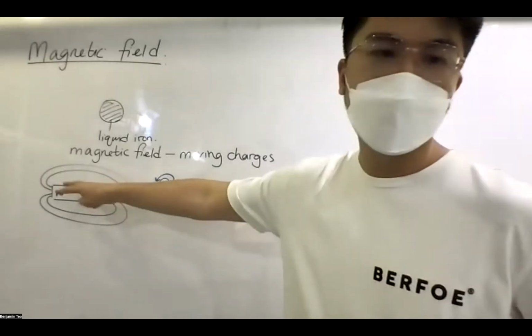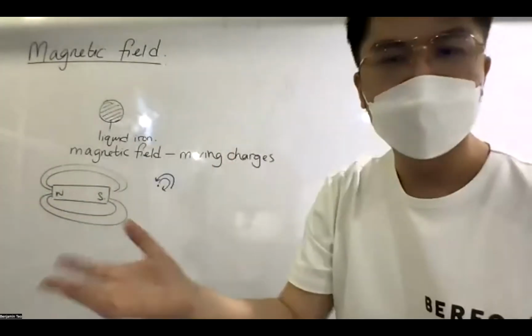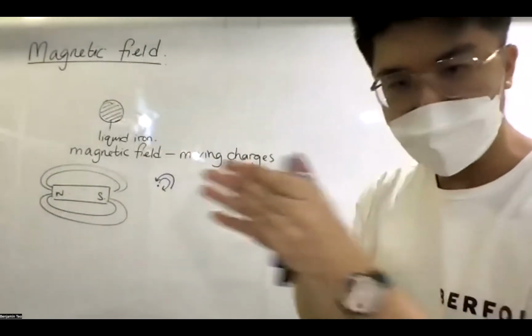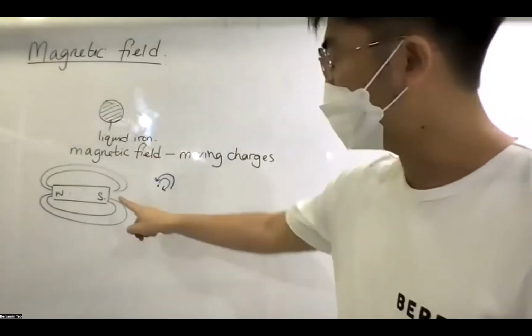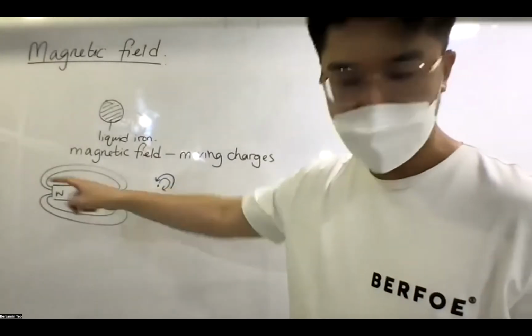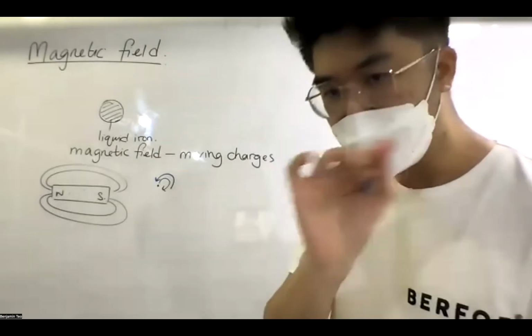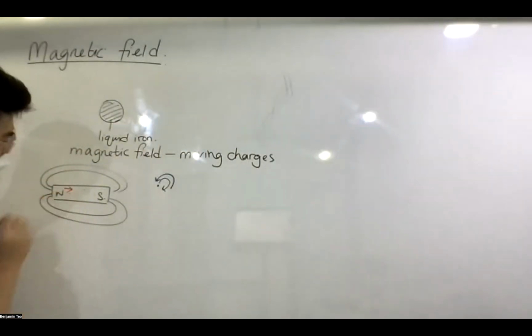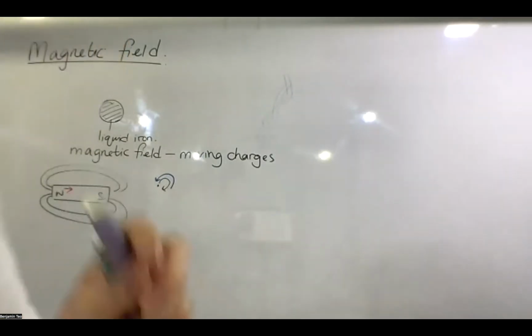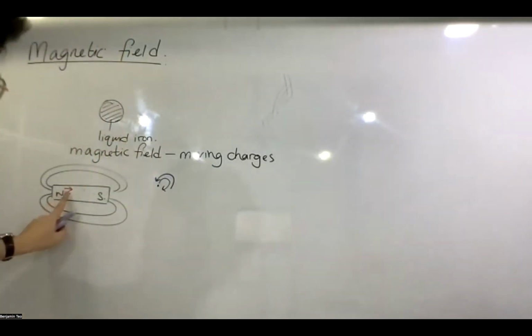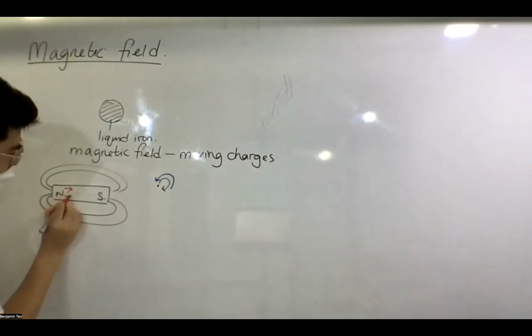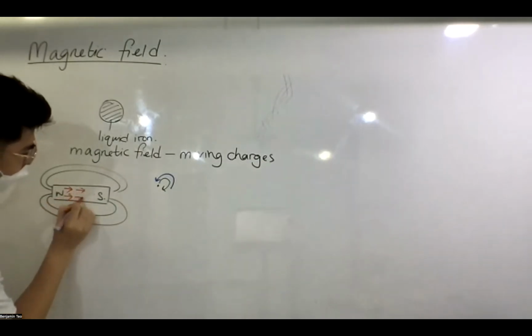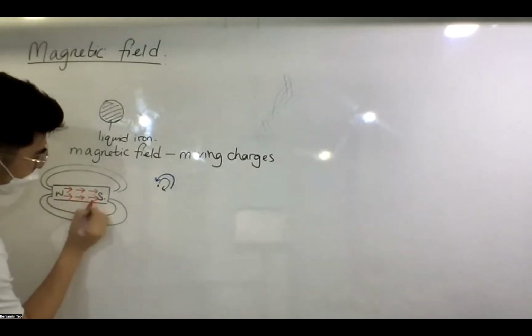Some electrons, maybe they cancel out, but overall, net, they align. Okay, so I will represent the diagram, one electron as one arrow, like this. This is one electron. You can think of the electron as a tiny little magnet. This electron, like this, they all align like this.